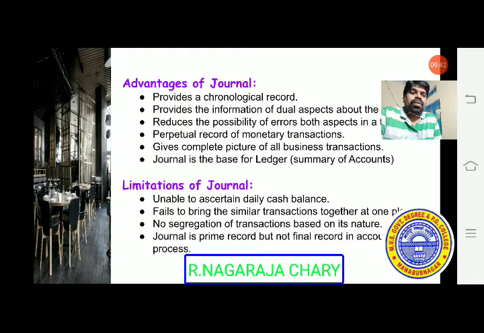There are no measures to know cash balance in a journal. Whatever transactions we did are just recorded in the journal. That's why there is no way to know the daily cash balance. That is a limitation of the journal.